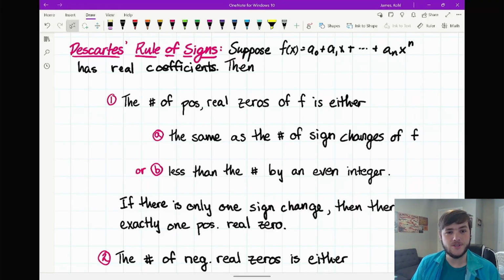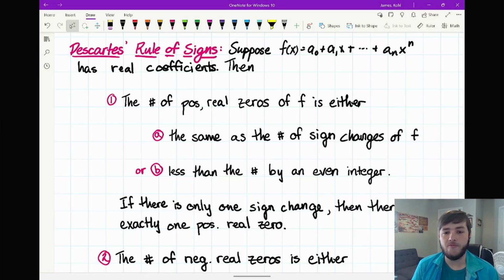Now, the good news about Descartes' rule of signs is it applies to all polynomials, not just polynomials with integer coefficients like the rational zero theorem did. So, we can tackle polynomials with more complicated coefficients this way. It tells us something about the number of positive versus negative real zeros.